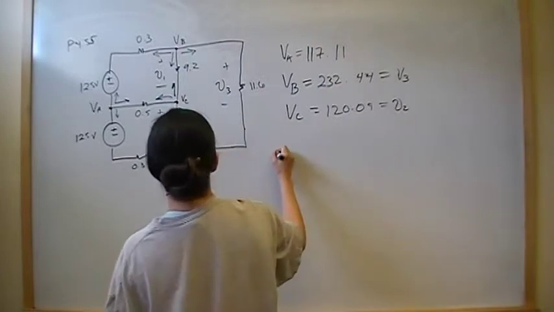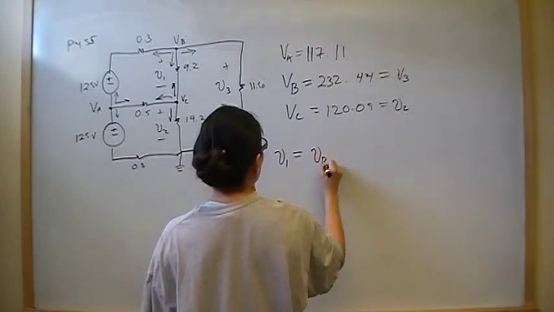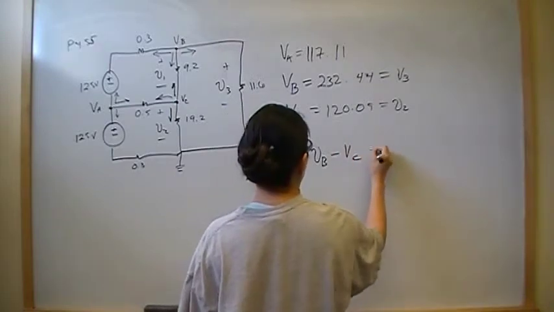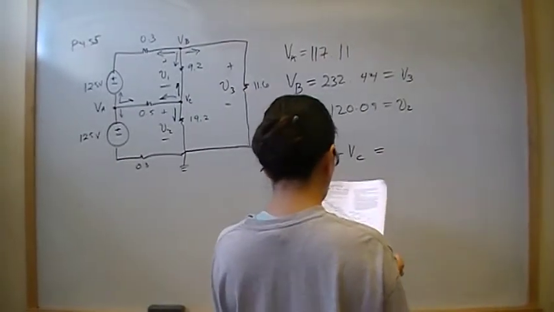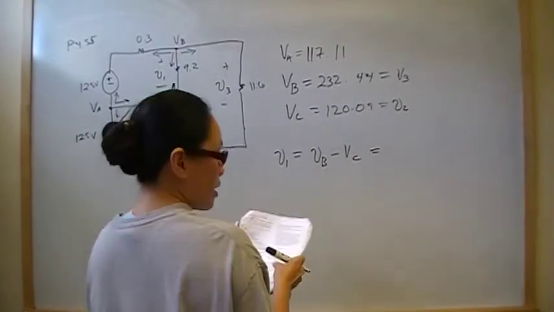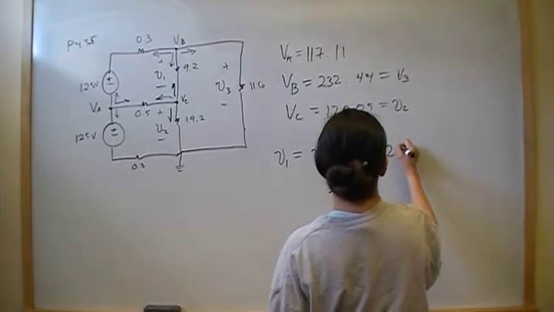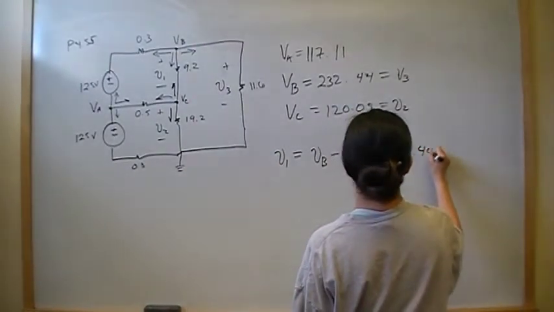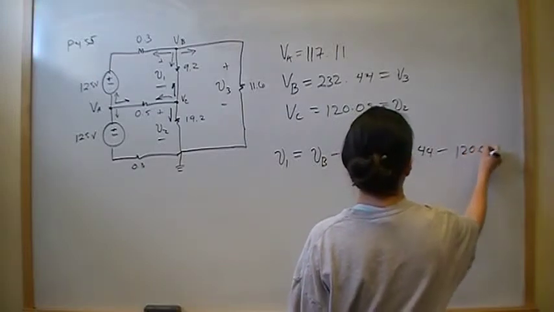And V1 is going to be VB minus VC, which is 232.44 minus 120.09.